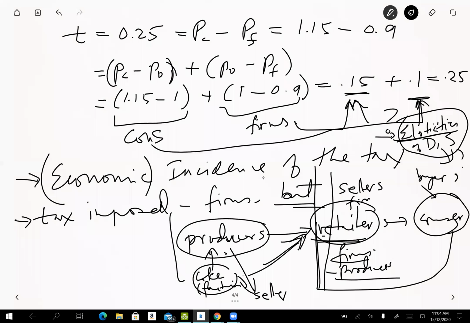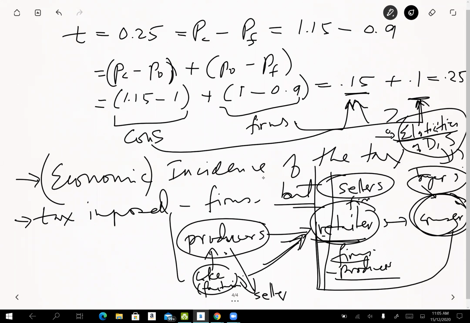Of course, that has relation to this. If I don't impose the tax on the sellers, or on the firms, who should I impose the tax on? The consumers. If I don't impose it on the seller, I impose it on the buyers.